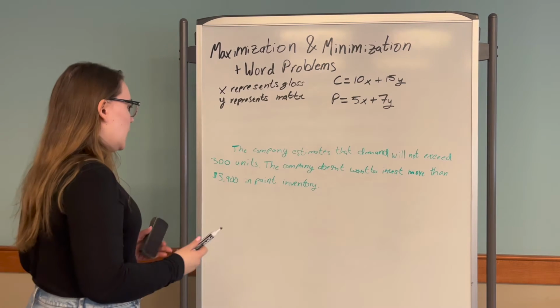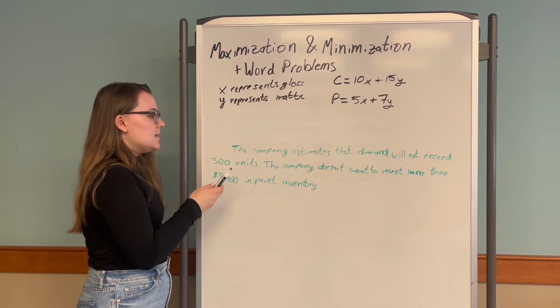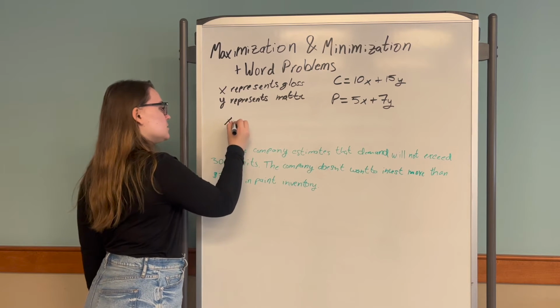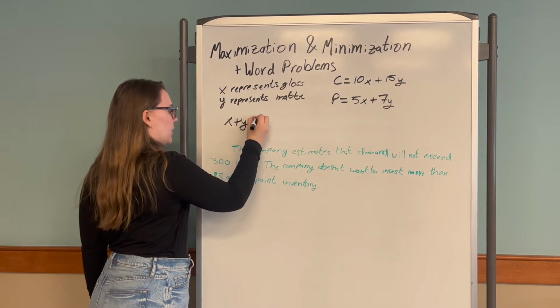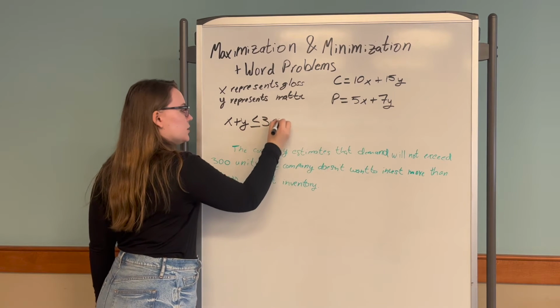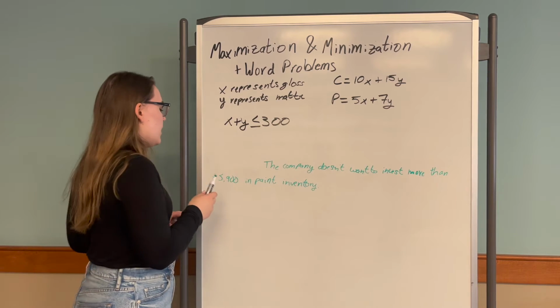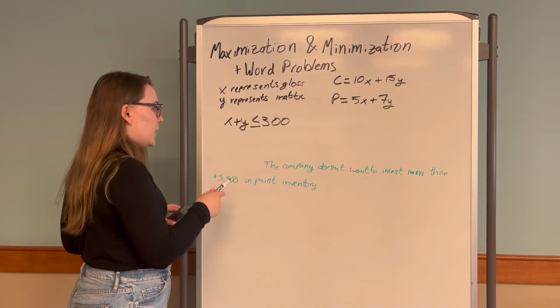All right, our next sentence says that the company estimates that demand will not exceed 300 units. So x plus y together will be less than or equal to 300. Finally, the company does not want to invest more than $3,900 in paint inventory.